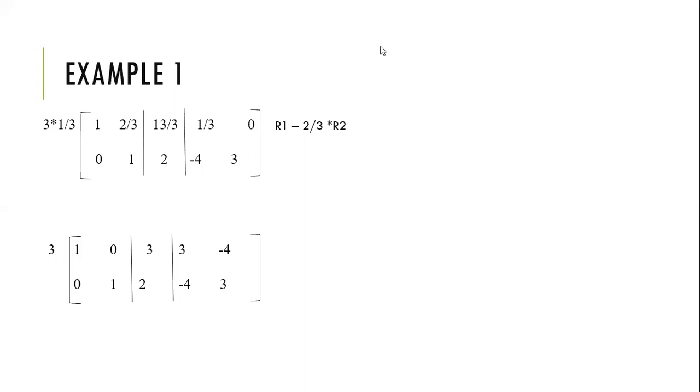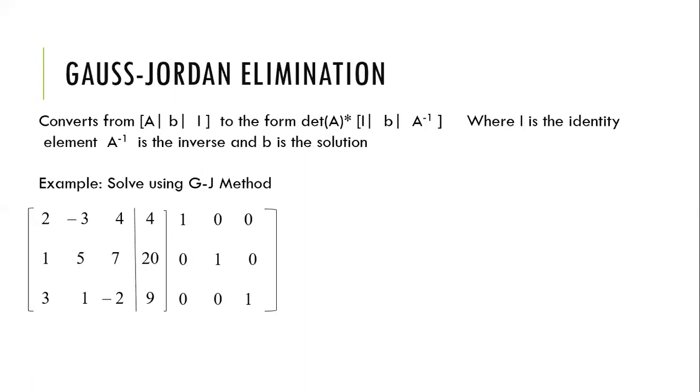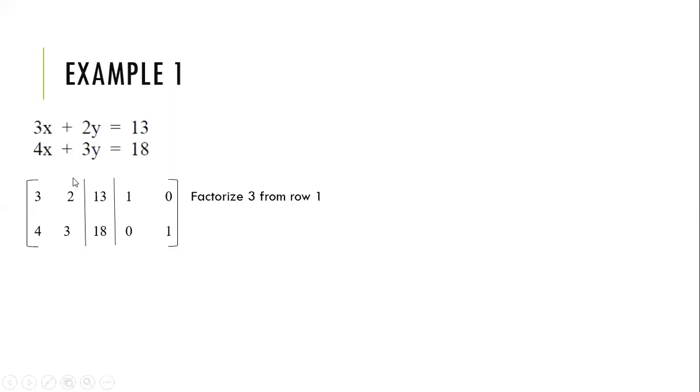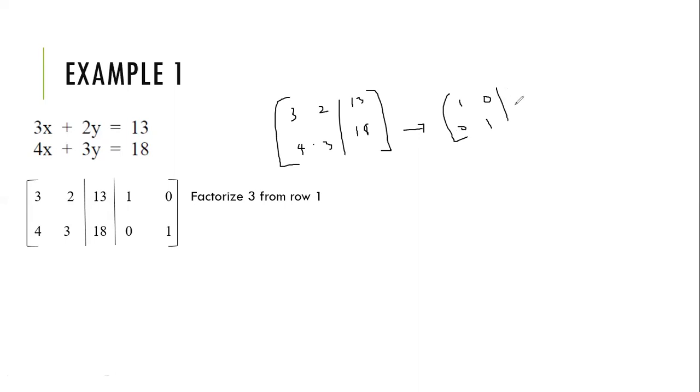So instead of transforming the whole thing into this form, we may rather be interested in just transforming the augmented matrix AB, which is 2, 3, 4, 3, 13, 8, 13, 18, and then we just transform it into the form 1, 0, 0, 1, and then the final solution, I think we had 3, 2.